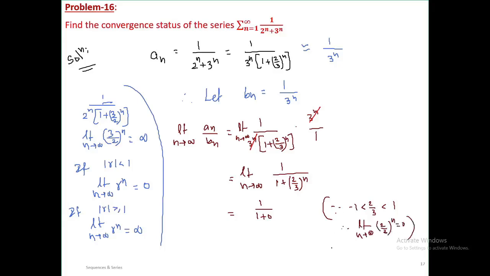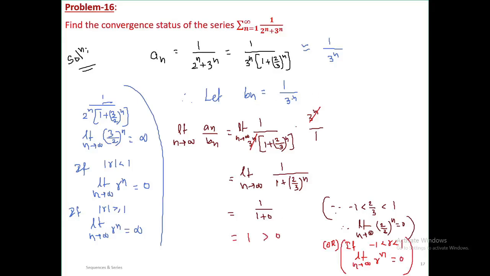Or you can use the standard formula: if minus 1 is less than r less than 1, then limit n tends to infinity, r to the power of n is 0. So by using this, it will be 0. So this answer is 1, which is more than 0. So therefore, by limit comparison test, both converge or diverge together, right?